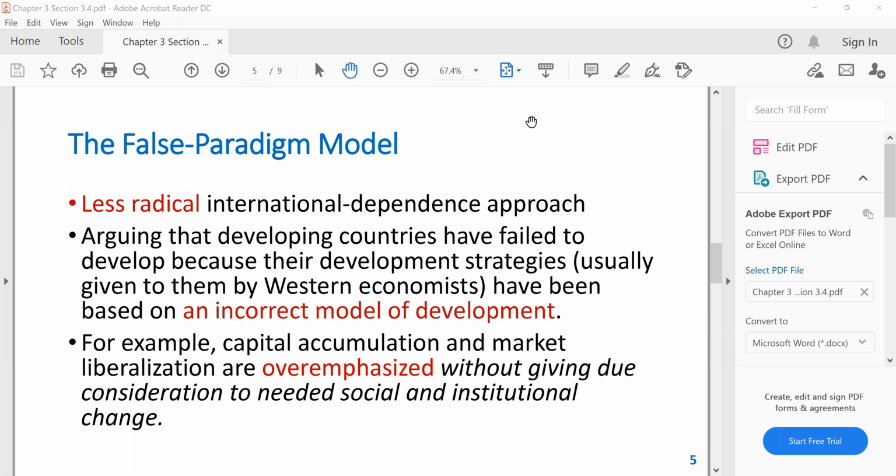So this is the famous north-south model. If you are a country in the north, you have relatively more capital, you have relatively more skills, so that you specialize in capital-intensive goods, and these capital-intensive goods have higher income elasticities.